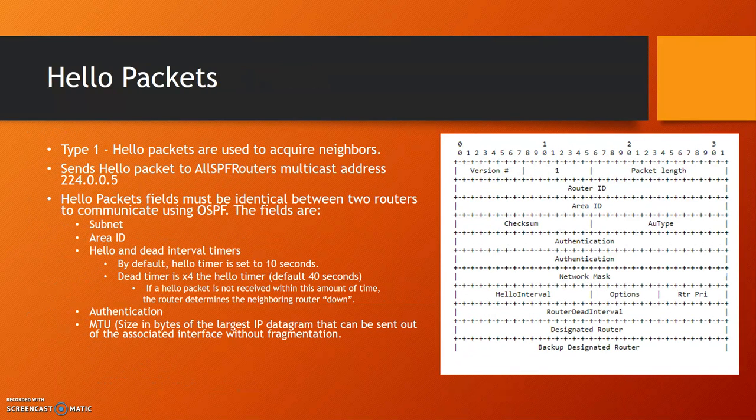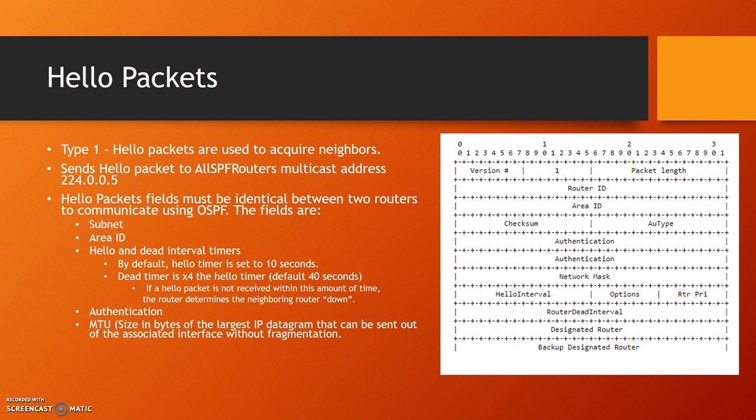So hello packets are used to acquire neighbors. Again, it uses multicast 224.0.0.5 to send to any OSPF router. Hello packet fields must be identical between 2 routers to communicate using OSPF. These include the subnet, area ID, and hello and dead interval times.